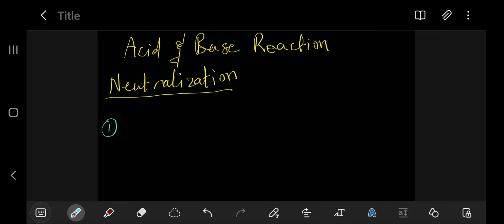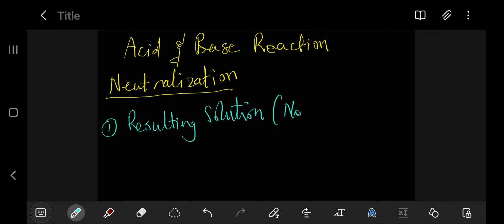The first question is we want to check whether the resulting solution, after you have combined the acid and the base, depending on the amount of the acid and the base, is it neutral, or is it acidic, or is it basic, right? So the situations are three. We want to check which situation will result when we combine the acid and the base. Is it neutral, is it acidic, or is it basic, right?